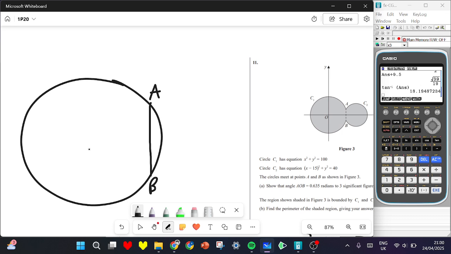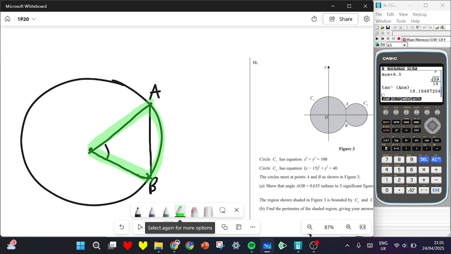And then let's say that's the origin. So when you draw the lines from the origin to A and B, to make the triangle that we used before and then found the angle from, that's also basically the same as finding the angle of this sector.